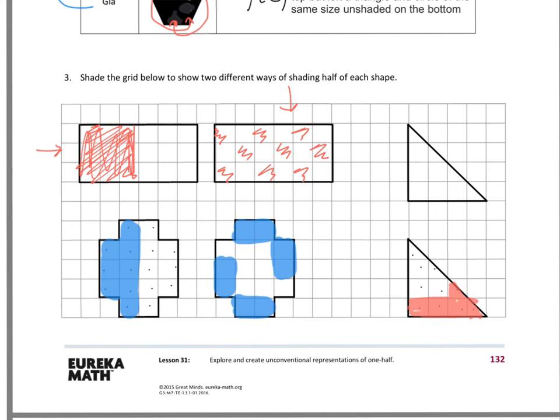And then for the top one, since these are half boxes, really I could say that there's 1, 2, 3, 4, 5, 6, 7, 8 is my area. So I really only need to shade in 4. So I could pick any 4.